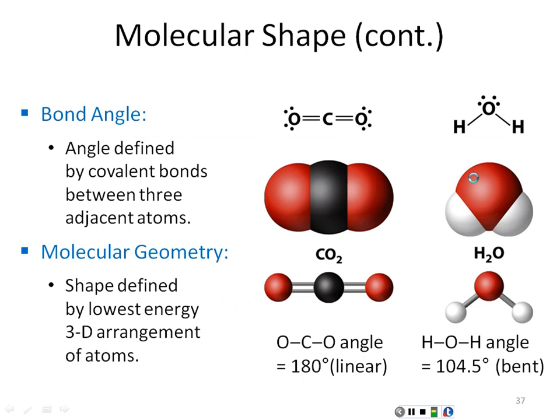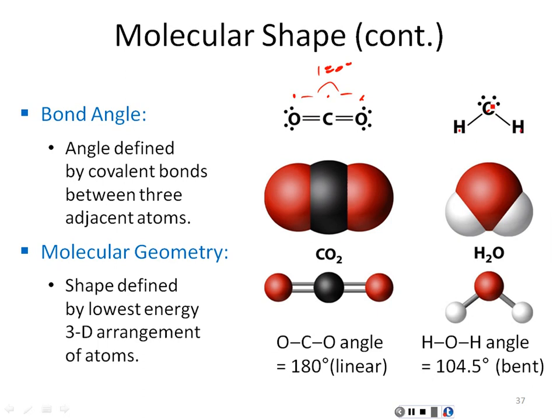So what is a bond angle? A bond angle is defined by covalent bonds between 3 adjacent atoms. So here in CO2, we have 3 adjacent atoms, 2 bonds, and this would be the bond angle, which is 180 degrees.